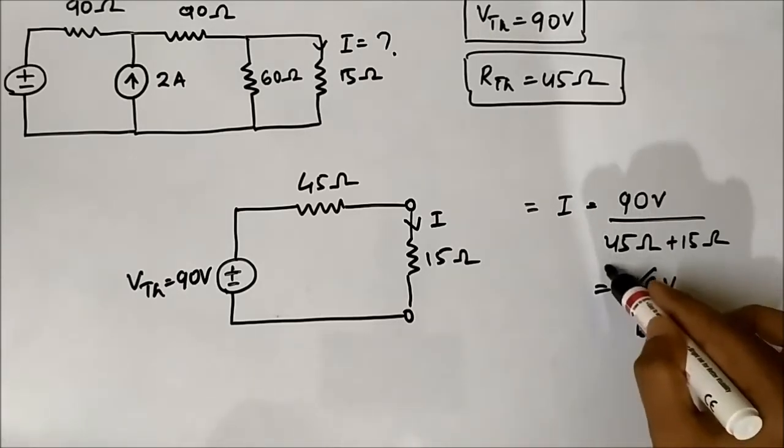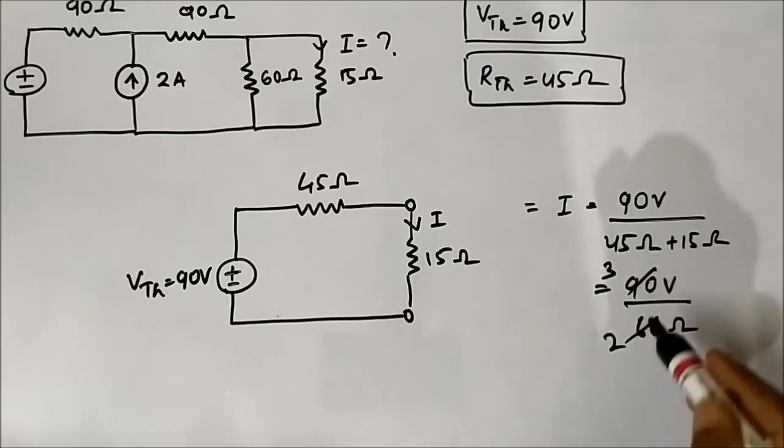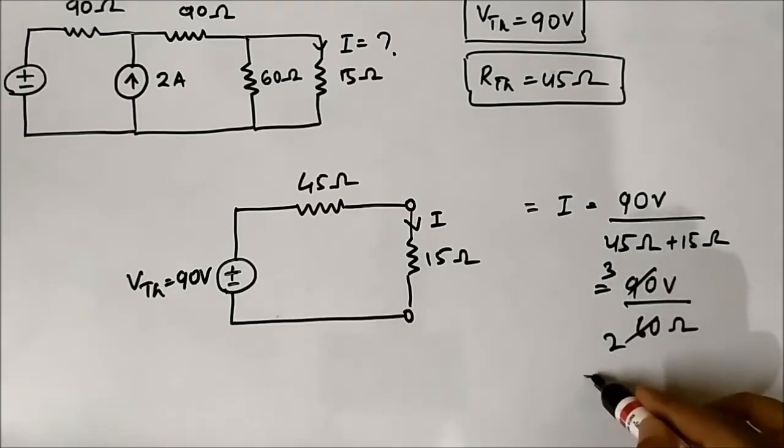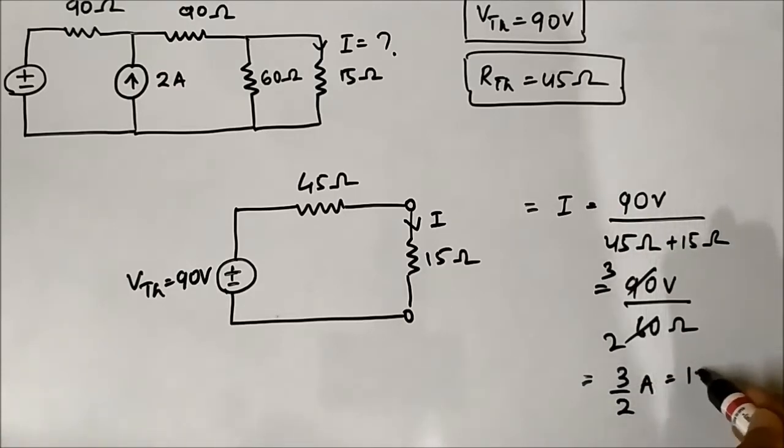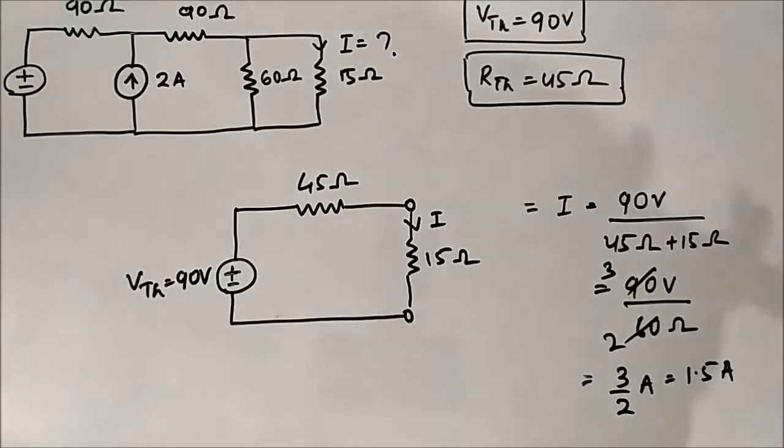So it is 3 by 2 ampere, which is 1.5 ampere. Okay, so you saw how we did that.